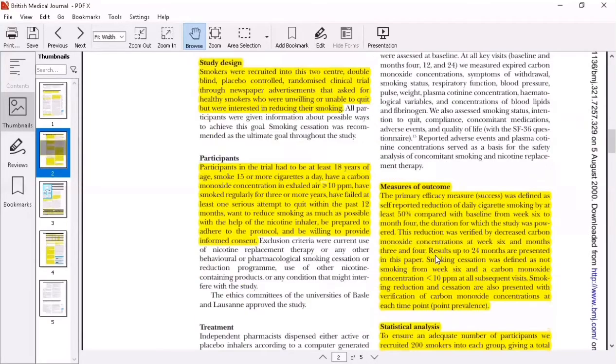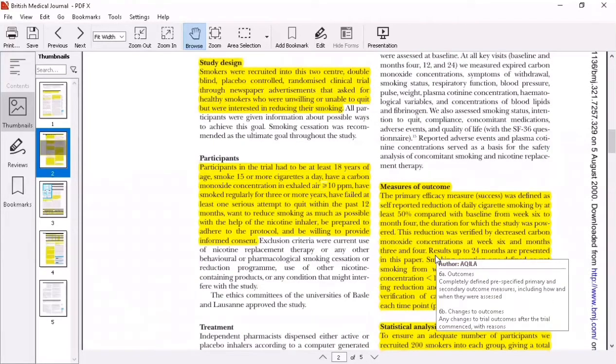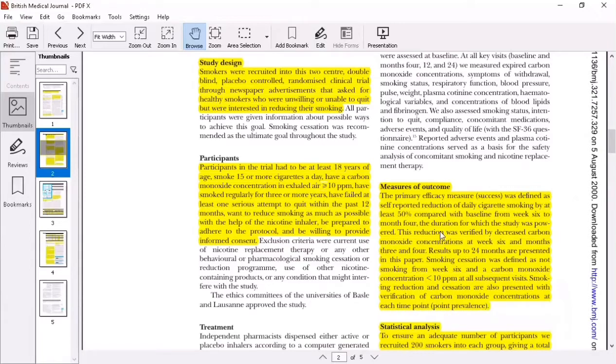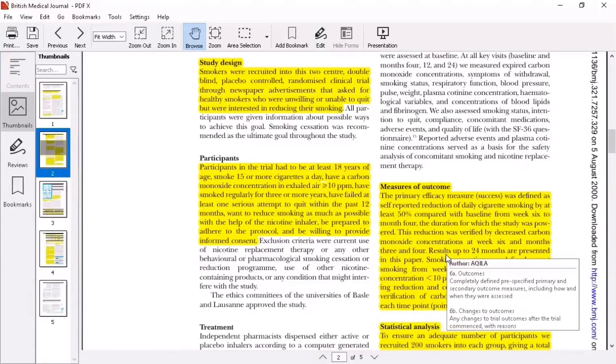And that is checklist number 6A and 6B. 6A is about outcomes, completely defined specific primary and secondary outcome measures, including how and when they were assessed. And 6B is about changes to outcomes, about any change to trial outcomes after the trial commenced, with reasons.